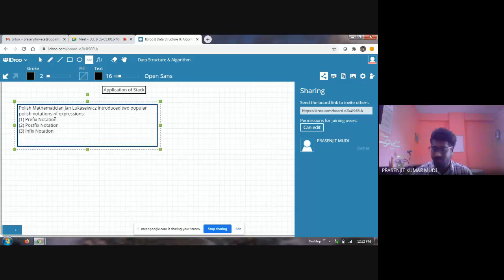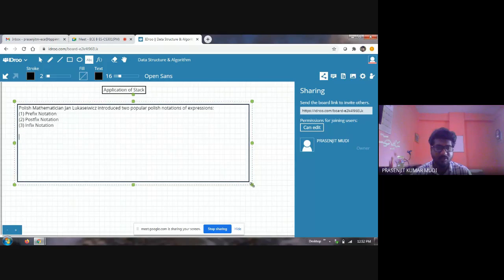So I'm just giving an example for each of these cases so that you can understand. So first one is prefix. Given some algebraic expression, let's say a plus b, this is actually the infix notation.